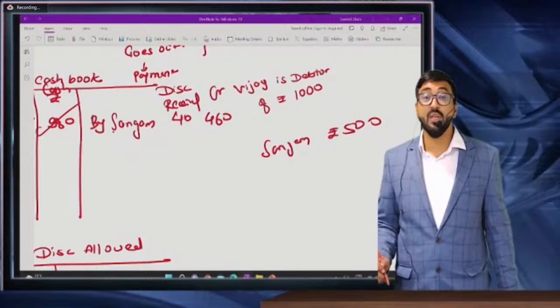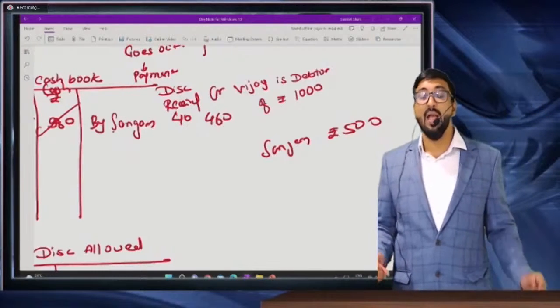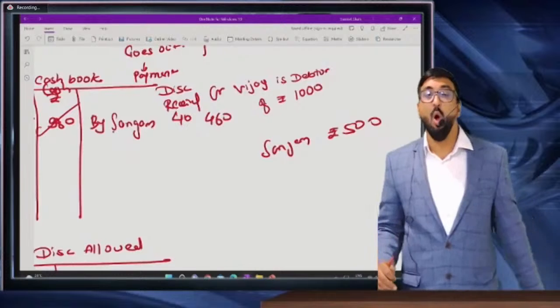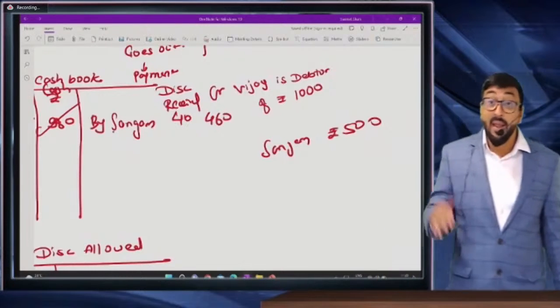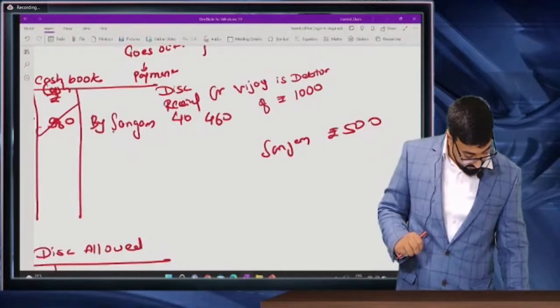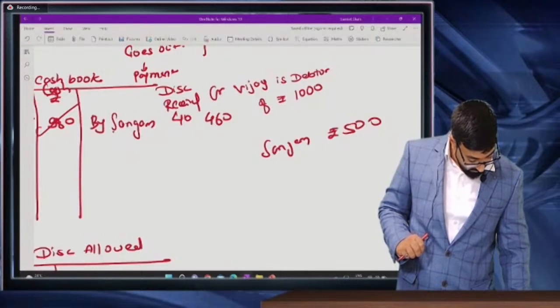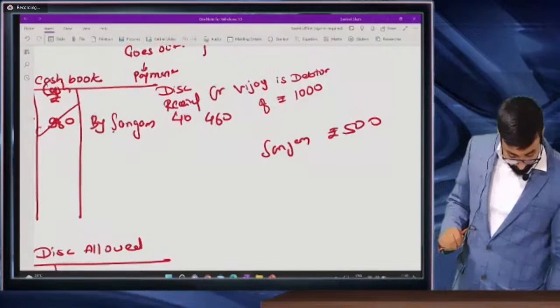Discount received. Okay, so I paid only 460 and I received a discount of rupees 40. So beta, which is easier, to prepare two columns separately?